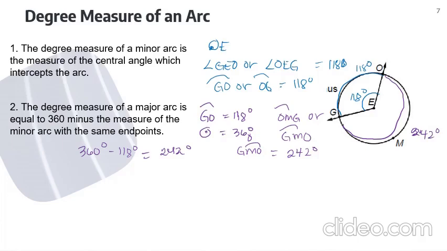And yes, the measure of angle GEO, yung reflex angle, is 242 degrees also. Applying number 1, the measure of the central angle is the measure of the intercepted arc.